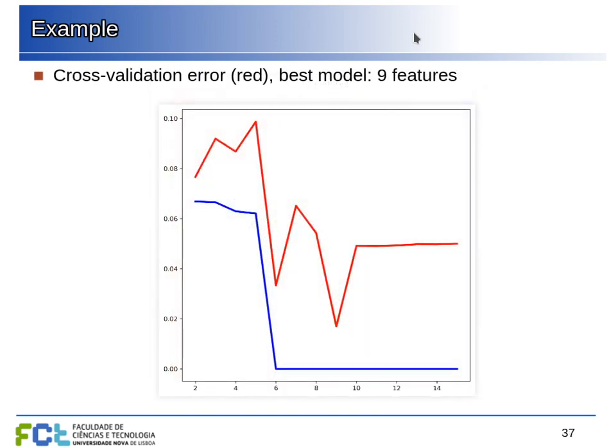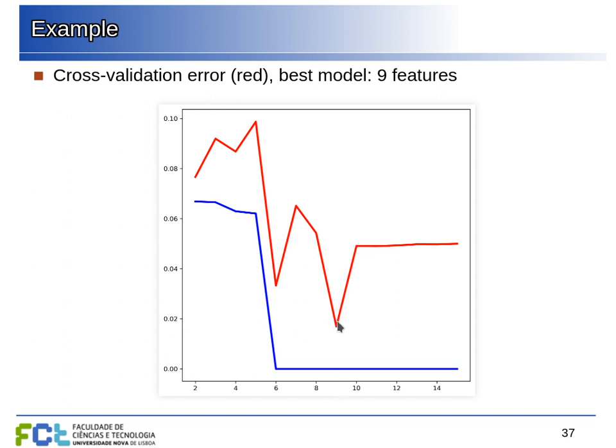So we can look at it in this way. We can plot the training error and the validation error for the different number of features that we are using in the expansion, and we can note that when we do the cross-validation, so remember that this is an average over 10 validations, this is an average also over 10 folds for training, so this would be the cross-validation error in red, and we see that our best model seems to be the one with 9 features.